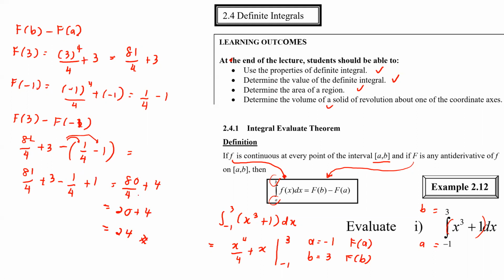Okay. Next, we proceed to number 2: the integral from 0 to 2 of (1 minus e^x) over e^x dx. So this one is equal to a and this one is equal to b. And we know that the integral from a to b of f(x) dx is equal to F(b) minus F(a), right? So what should you do?